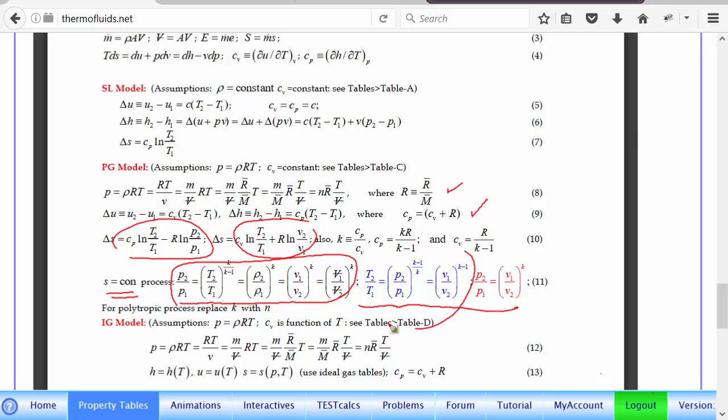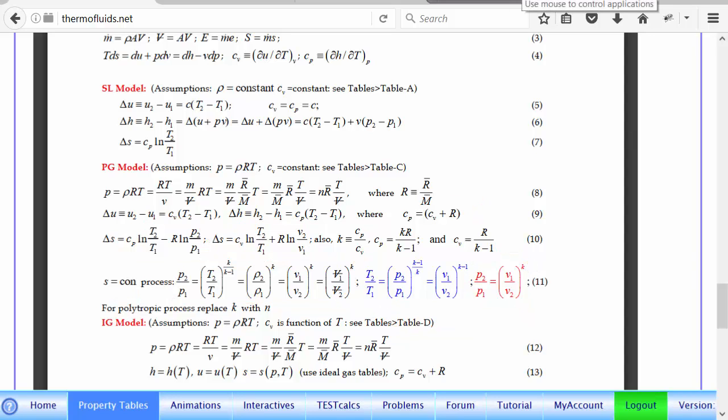Sorry, there are basically 3 different equations here. They can be used for connecting two states where entropy remains constant. As we solve some examples with these models, it will become very handy. These equations will be your big friend in solving an isentropic problem.